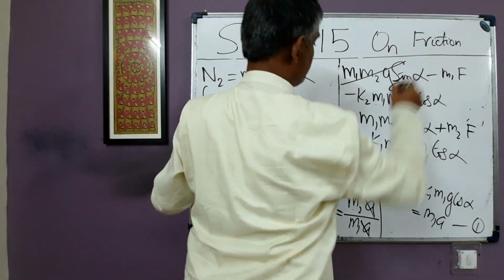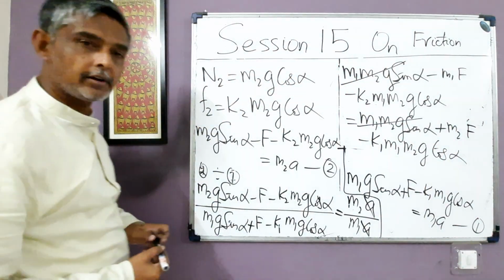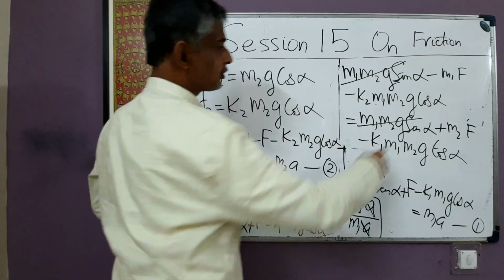Now m1 m2 g sin alpha cancels out on both sides. Alright, fine. Now I can solve this equation for f.